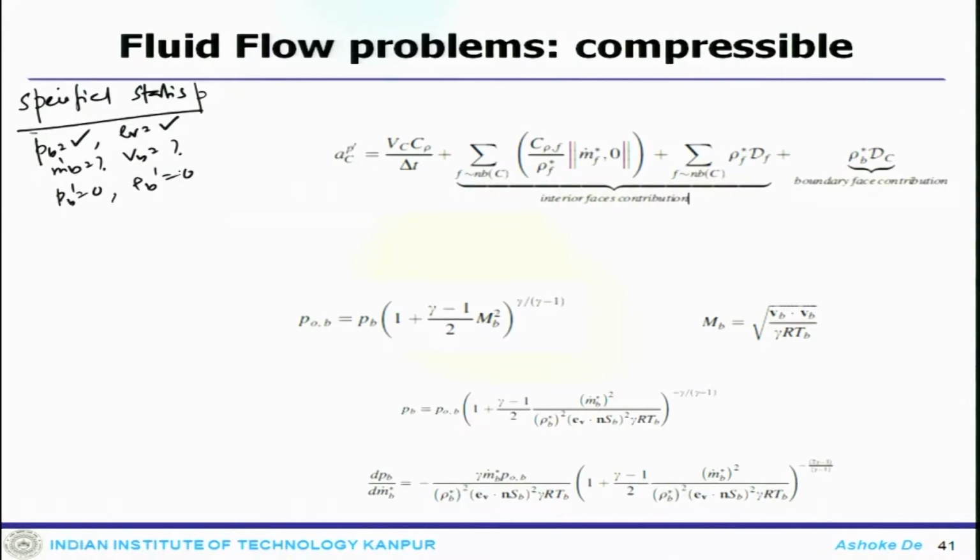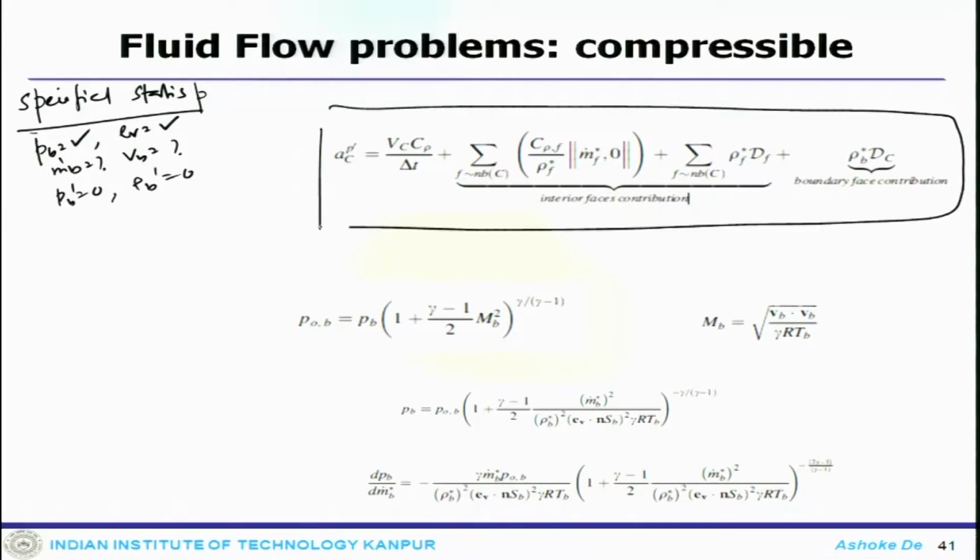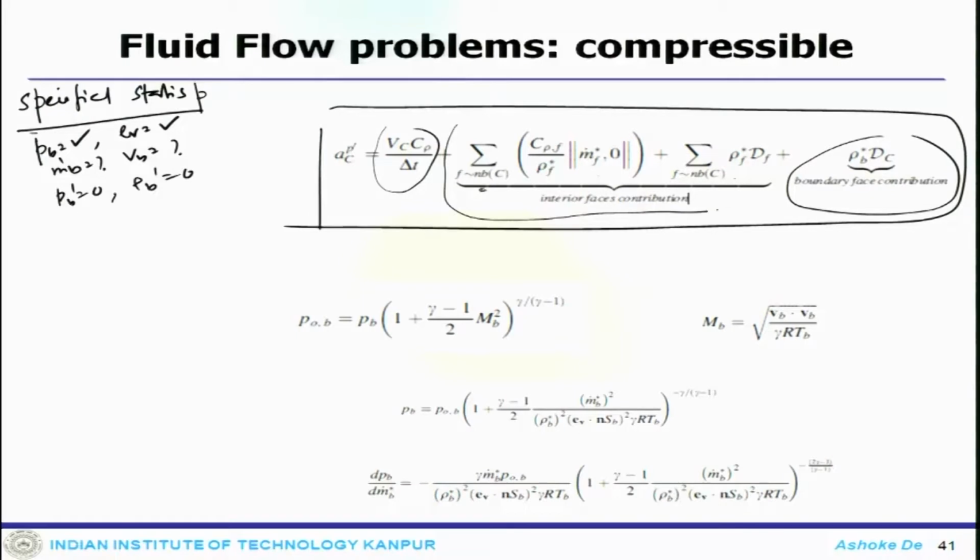Now, the implementation would be similar to incompressible case like a Dirichlet condition, and the correction term coefficients for pressure get modified like this. So, one would be the transient component, then you get summation over all the phases CPF rho F star m dot F plus rho F dF and rho B dC. So, this is a boundary phase contribution, this is coming from all interior phases.